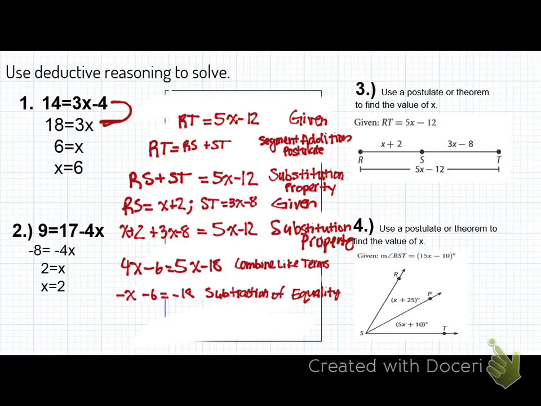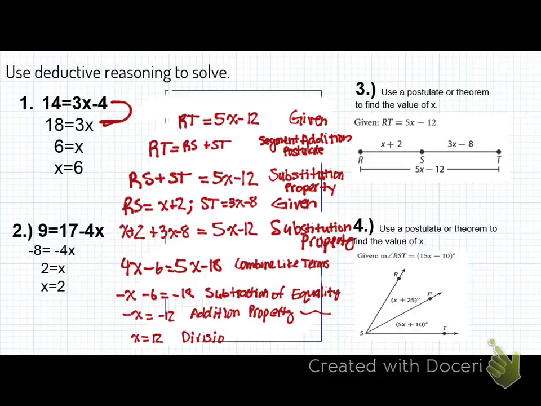And then we're going to add 6 to both sides, so we got negative x is equal to negative 12. And that was the addition property of equality. Then we're going to divide both sides by -1, so x is equal to positive 12, which is the division property of equality.